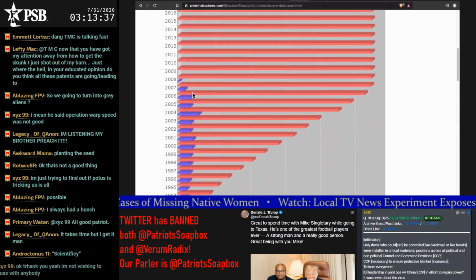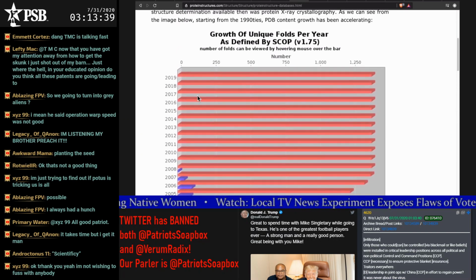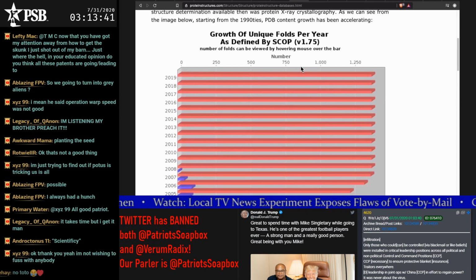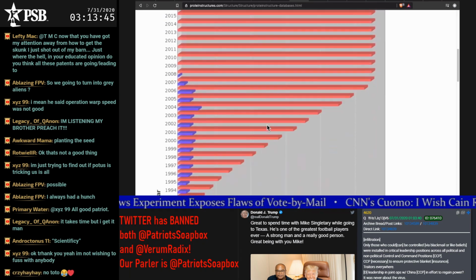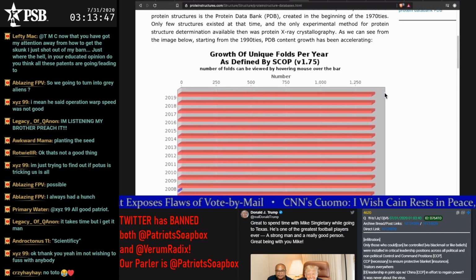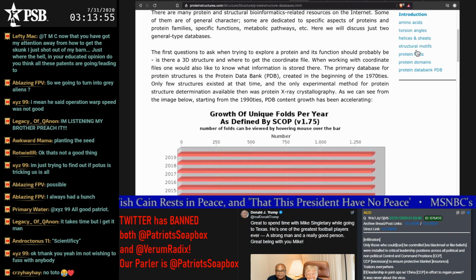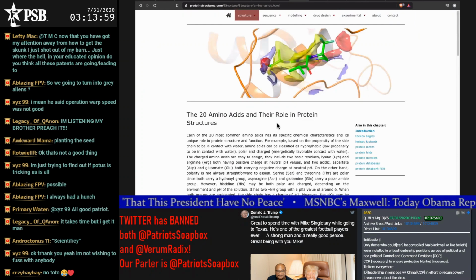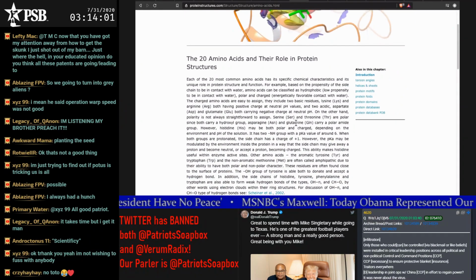And as computation and modeling and testing and evaluation and synthetic biology has all sort of taken off in the last 2 decades, boom, now we're up at 1,300 classified, categorized proteins. So we haven't looked at amino acids yet. 20 amino acids and their role in proteins.